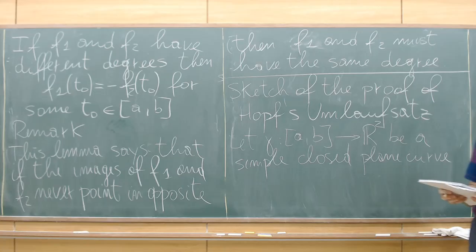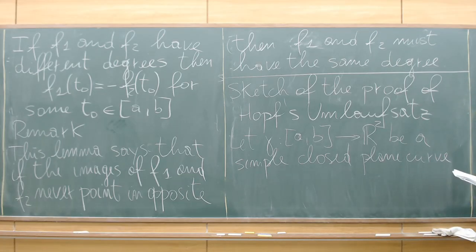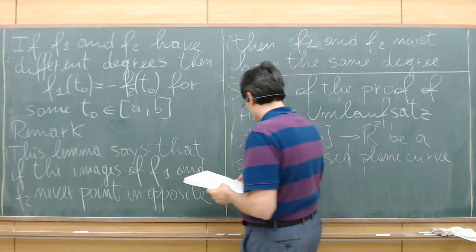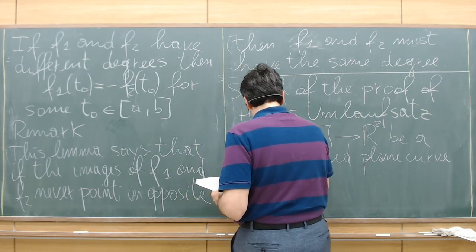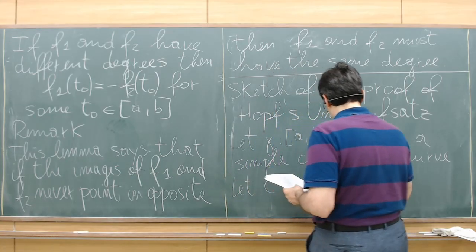Our goal is to prove that the rotation index is 1. Okay, let C denote its trace.